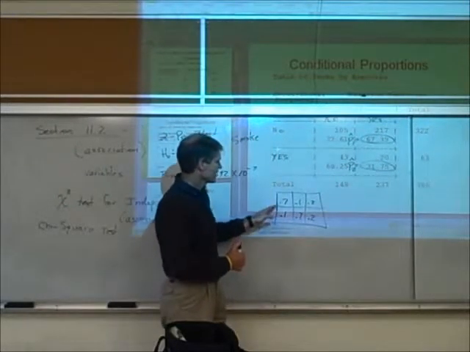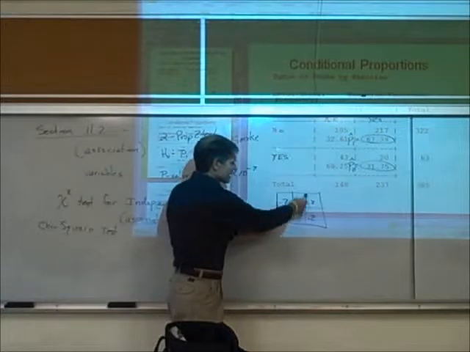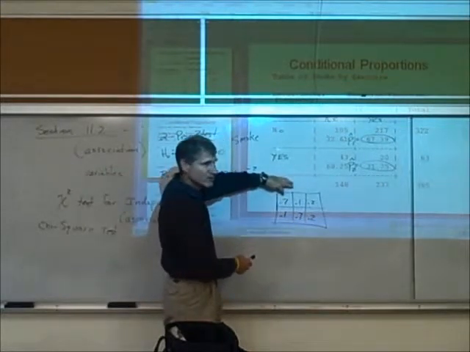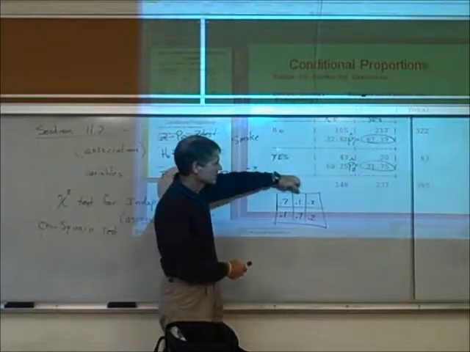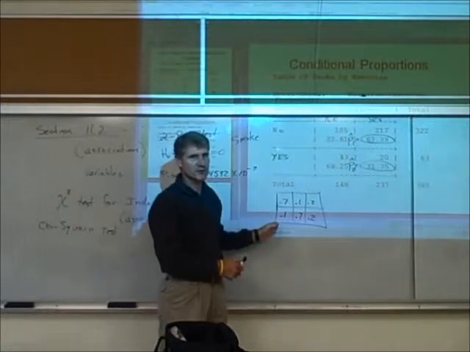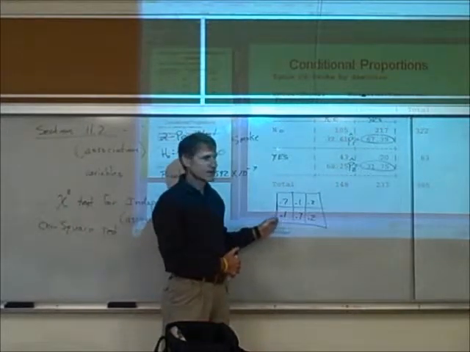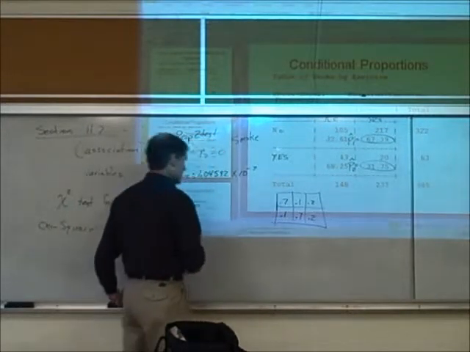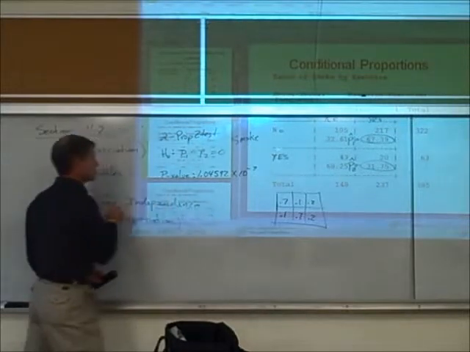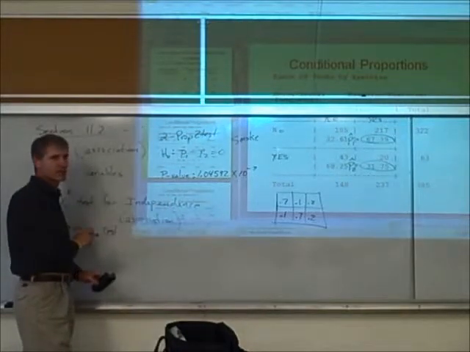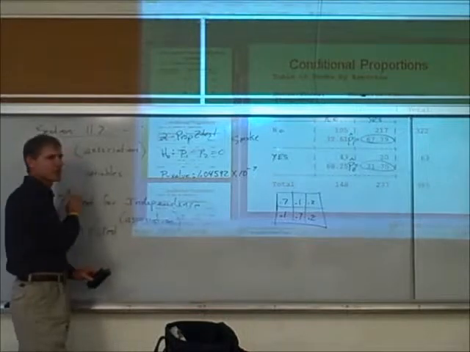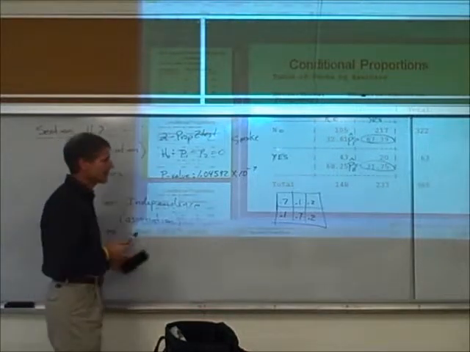But down here, just because I know that column doesn't mean I know this one. So I need 2 of the columns, and then the third one is redundant information, right? So you can't do a 2-prop z. So we need to extend the 2-prop z into tables that are bigger than 2 by 2. And that's what the chi-square test does. Okay?